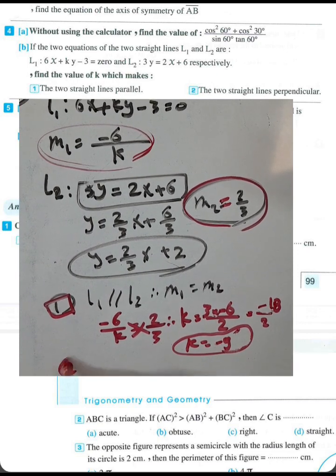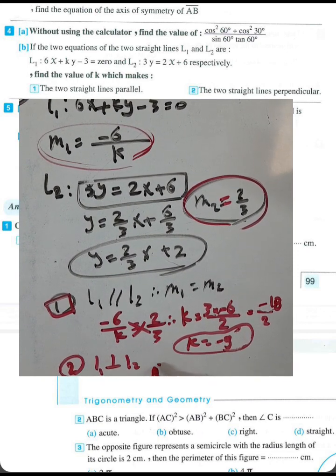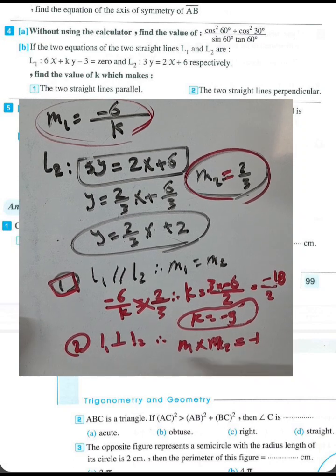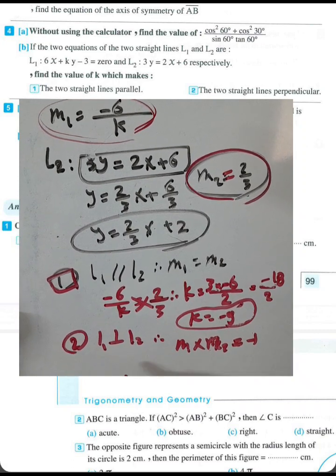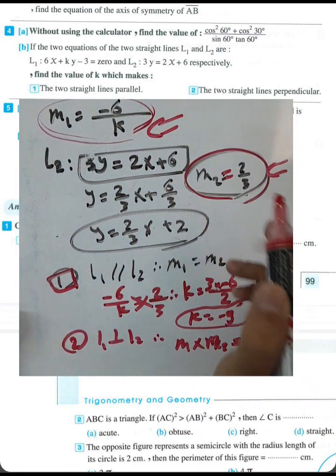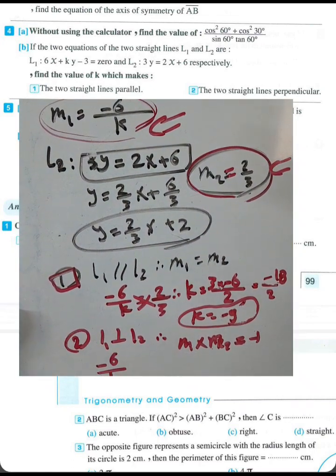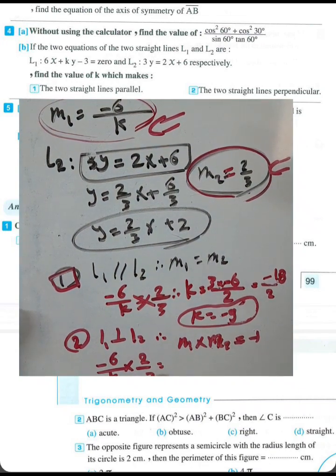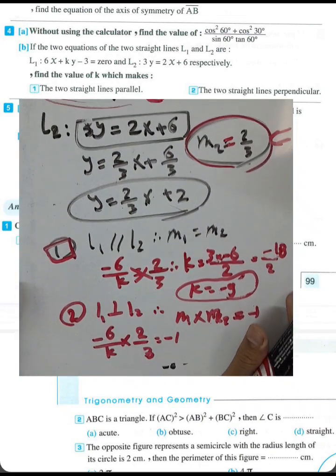In the second question, if L1 is perpendicular to L2, then M1 product by M2 equals negative 1. Then negative 6 over k times 2 over 3 equals negative 1.